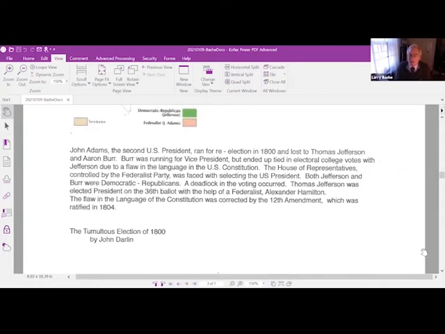And how did it happen? It's Alexander Hamilton again. He came back and said to his Federalist buddies, the lesser of two evils is Jefferson. He didn't like either of them. He really didn't like Burr, as we learned later when they had a duel.